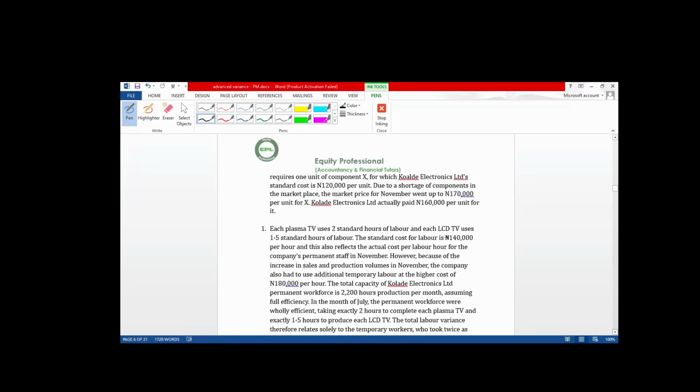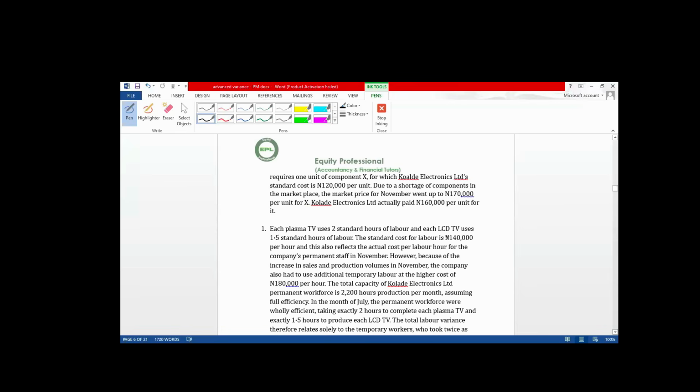However, because of the increase in sales and production volumes in November, the company also had to use additional temporary labor at the higher cost of 180,000 per hour.